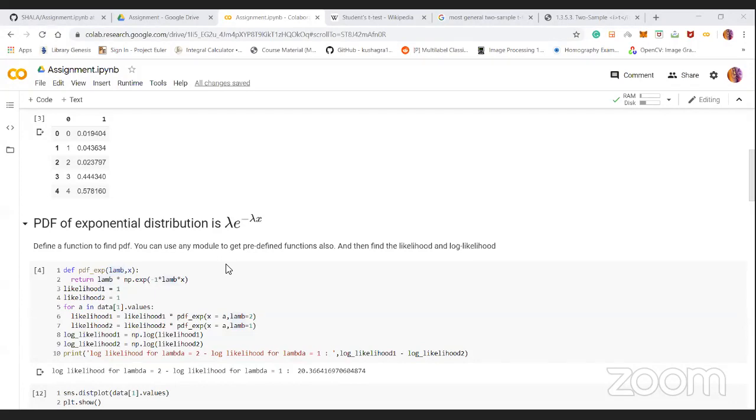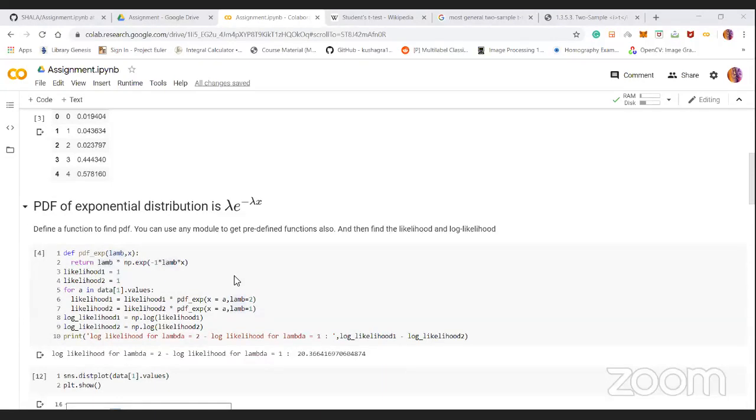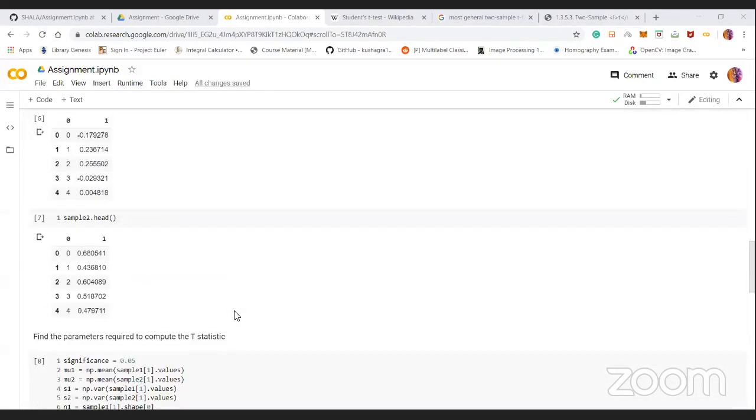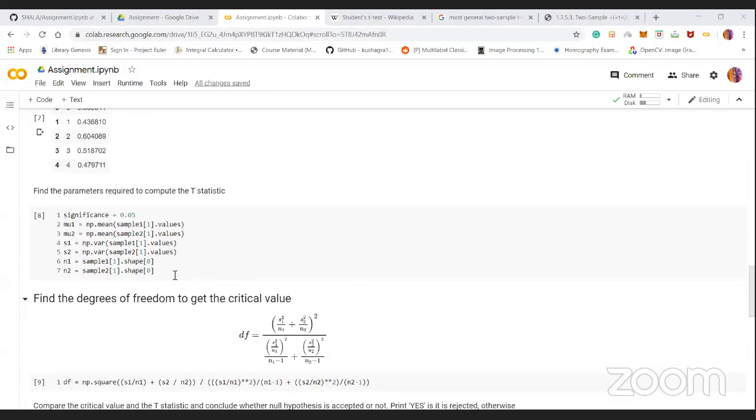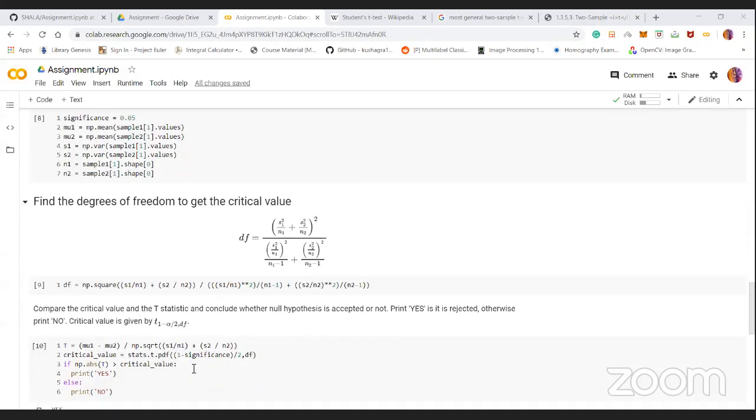Neeraj: My question was, just now Ipsit explained on what basis we reject the null hypothesis. Can you please repeat it? So this is called the student's t test.